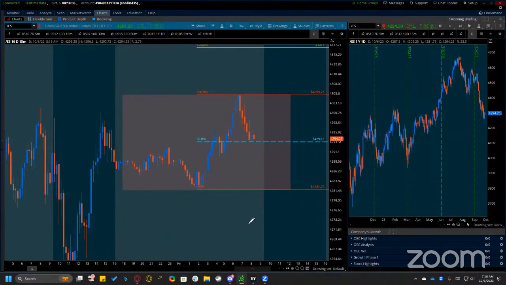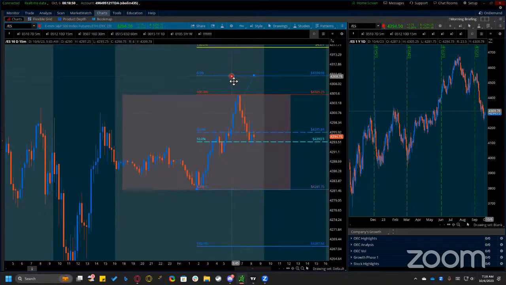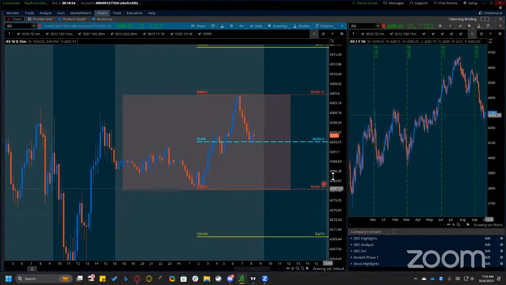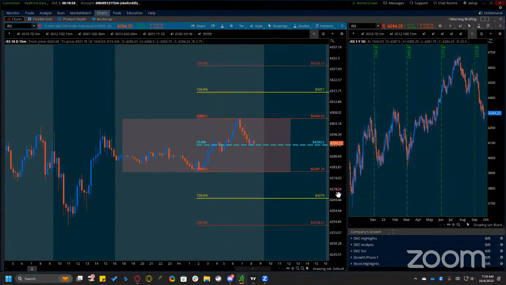If it wasn't an event day, this is what we would want to do with the range that we're looking at right here. It's what you do with ranges, right? You measure the range, you plot the projection upward and or downward if you're not sure which direction we're going to go. And now you've got your ranges.